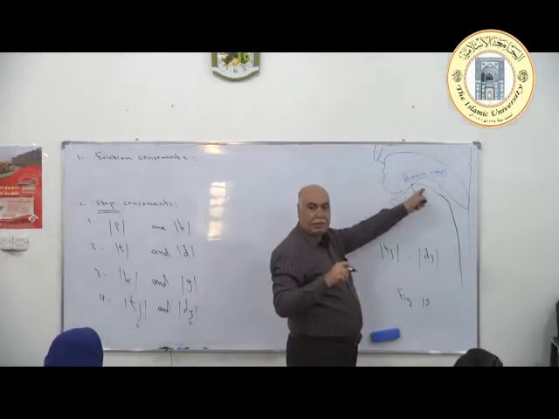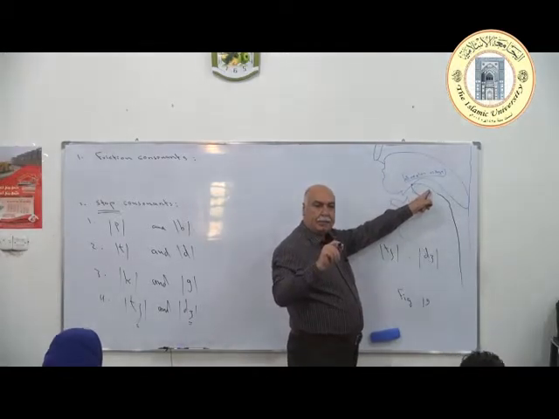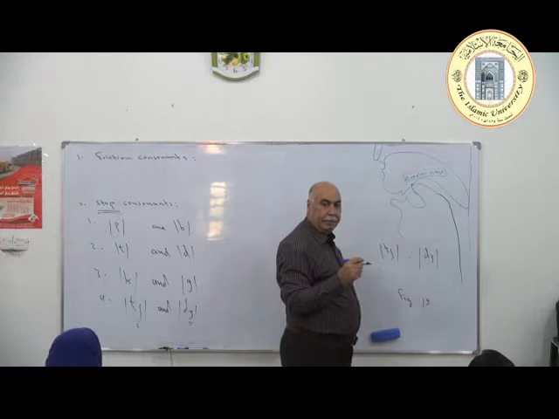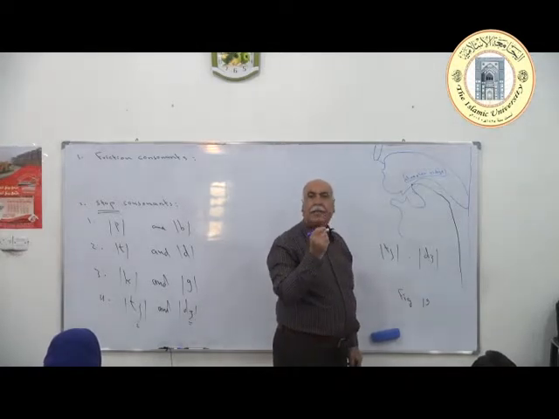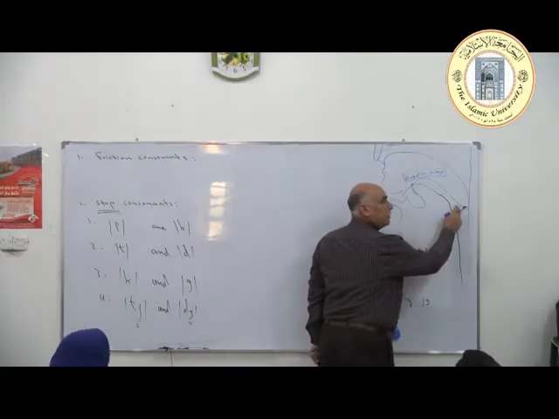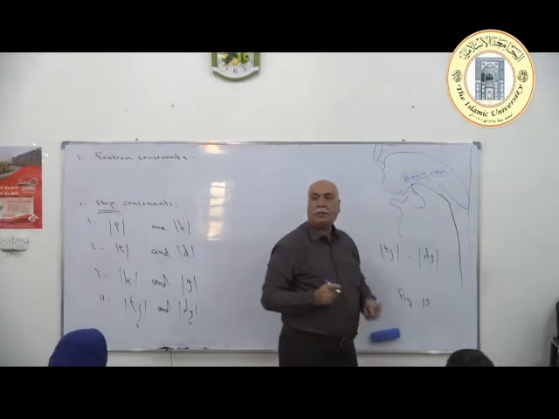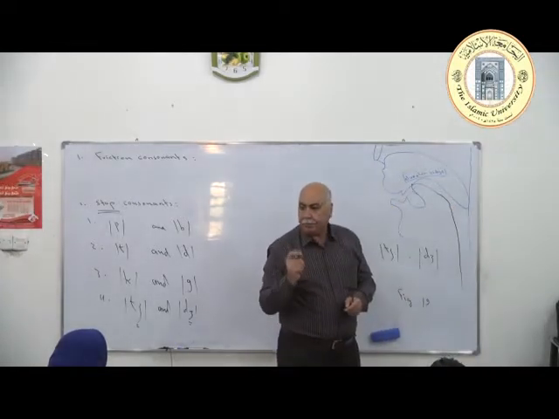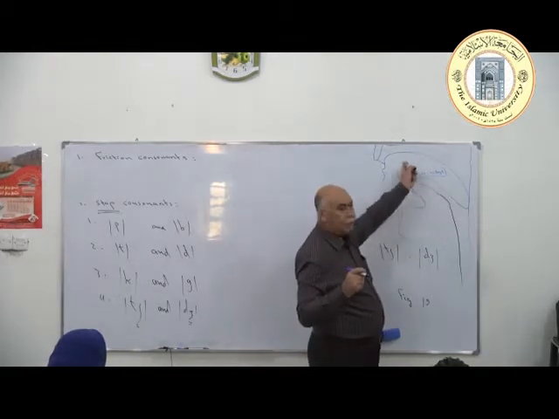The end of the alveolar ridge is the farthest part. At the same time, when we raise the tip of the tongue against the end of the alveolar ridge, the soft palate is raised, in order to trap the breath for a short time and stop it going through the nasal cavity.